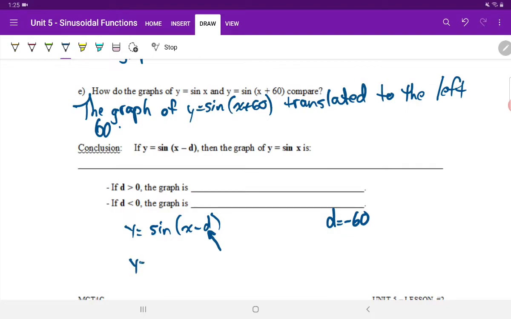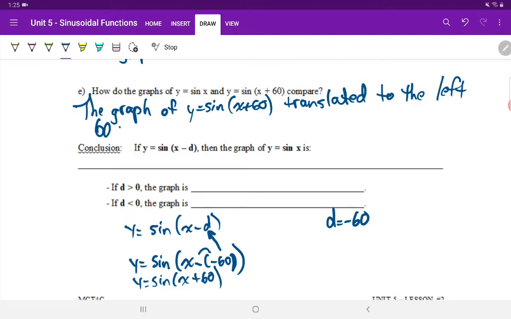So when you sub in negative 60 for D here, look what happens. You get a double negative, and a double negative becomes plus. And that's why when you see an x plus 60, it really means that D was negative 60 and you're going to the left 60 units.